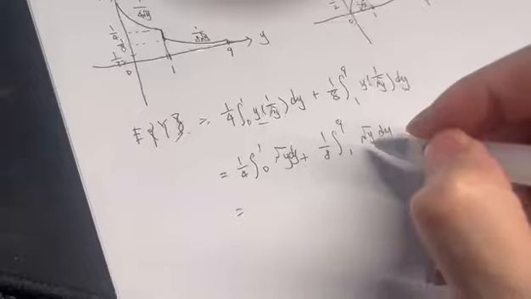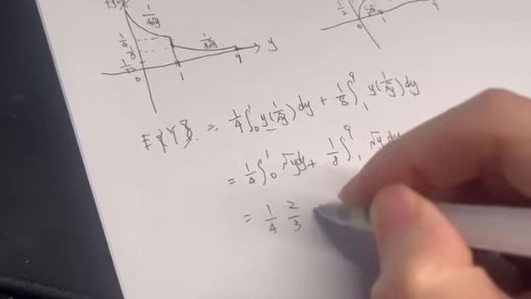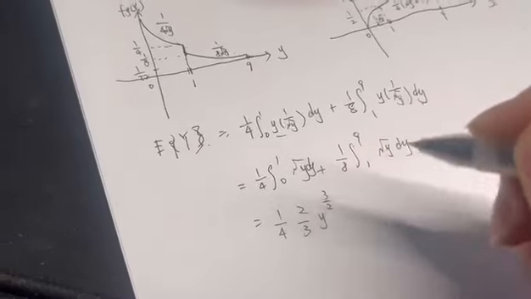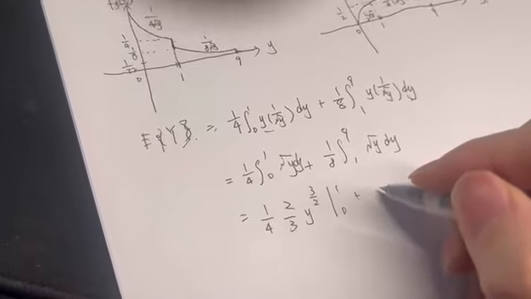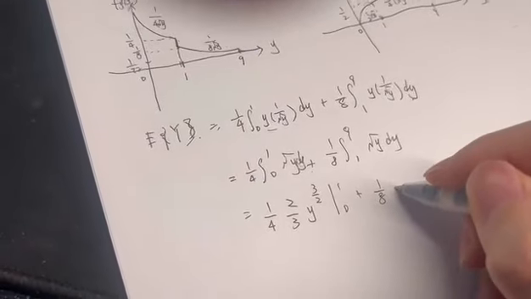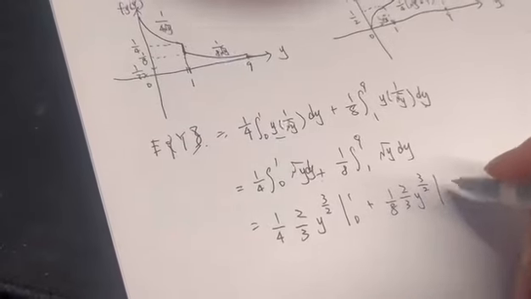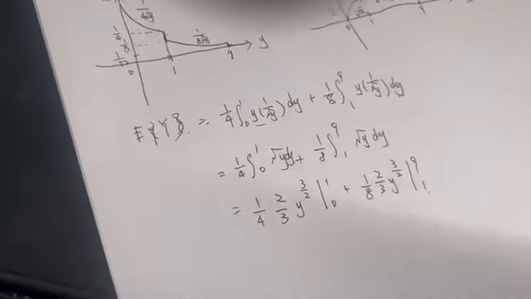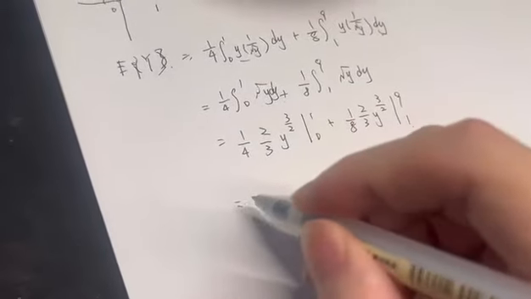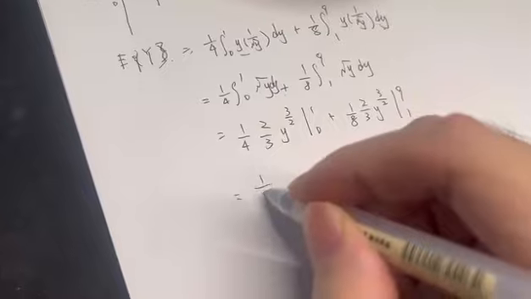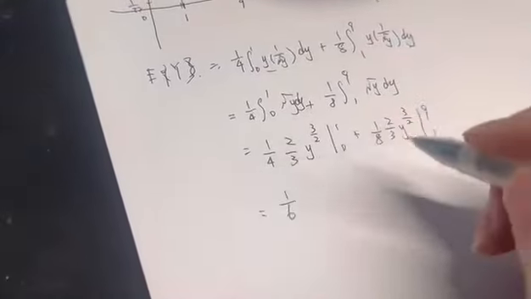So by solving these two functions, I'm going to solve it right here. Plus 8 2 divided by 3, goes from 1 to 9. And when y equals 1, it equals 1 over 6, and when y equals 0, this all goes to 0.